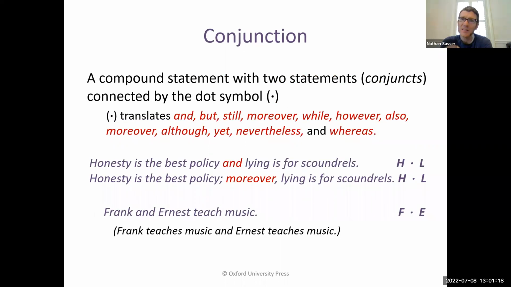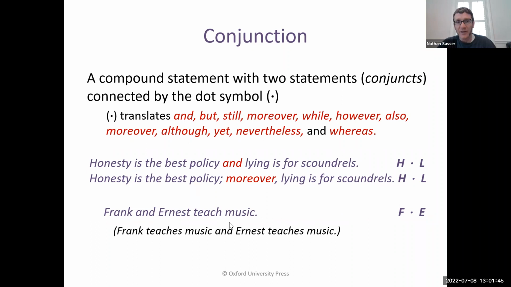Conjunction, a compound statement with two statements connected by the dot symbol is a conjunction. So the dot can translate words like, as we said, and, but, even still, moreover, etc. So if I want to say honesty is the best policy and lying is for scoundrels, that compound statement contains two simple statements.